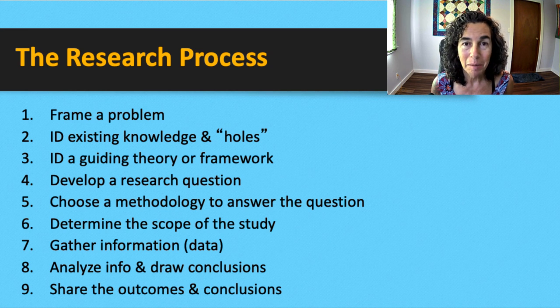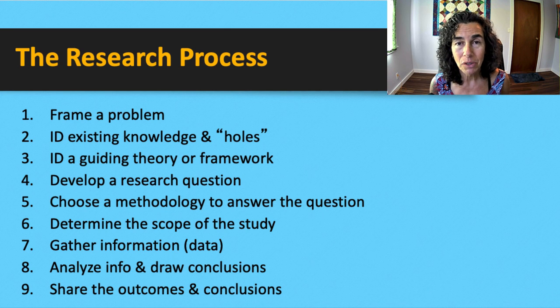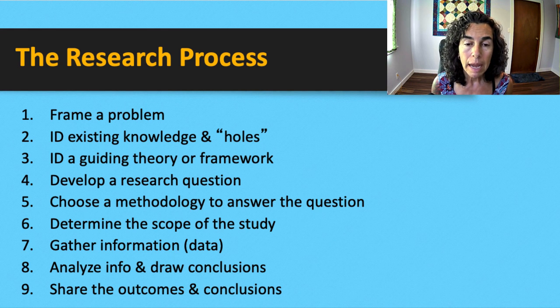Then we gather information. That's the let's do the study and get data. We analyze the information, and then we draw conclusions. So the analysis, for quantitative studies, is through statistical tests and manipulations. For a qualitative study, it is processing the data and coming up with some themes or patterns, and then drawing some conclusions from that.